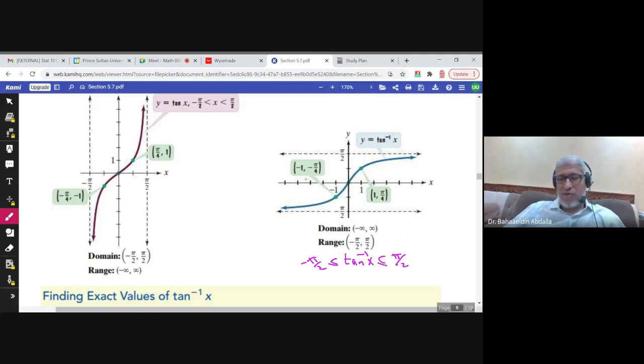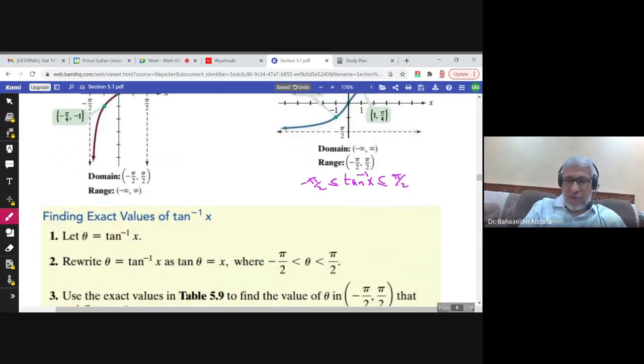So the range of tan inverse is from negative pi over 2 to pi over 2, while the domain is all real numbers because the range of tan is all real numbers. So tan inverse cannot exceed pi over 2 and cannot become smaller than negative pi over 2.